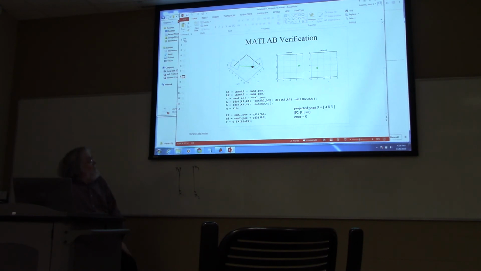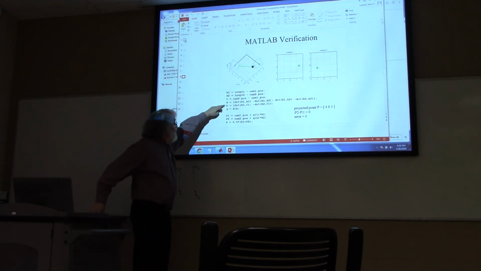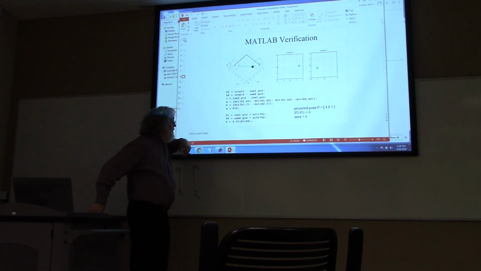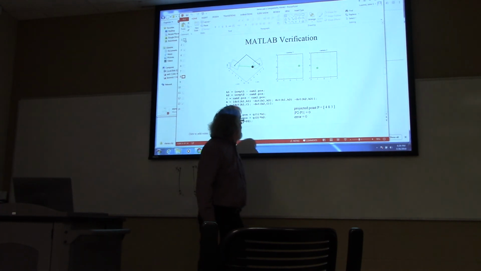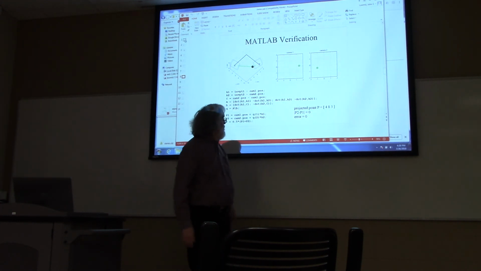Okay, here we happen to know where the point is. We're going through the calculation of the position of the intersection point, and we're calculating where the point is. Can't really tell from here.